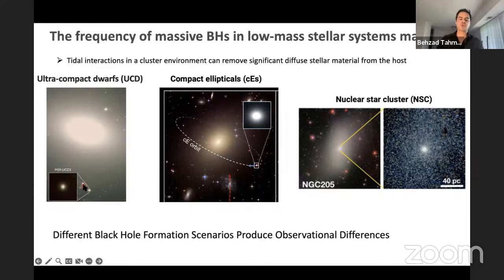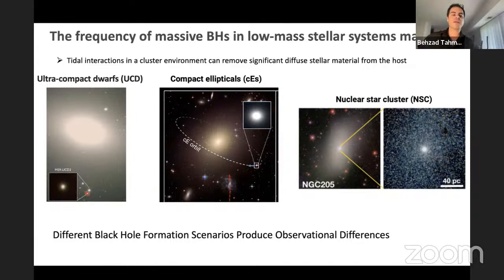However, there are two different formation scenarios for this. One says that these UCDs are a stripped remnant of a larger galaxy. I will show you a simulation later. The second says they can be a massive star cluster that formed in the densest region and now sits at the higher end of the mass range of the clusters.